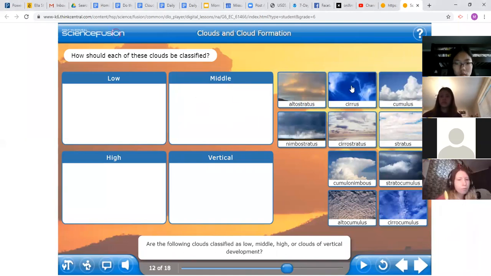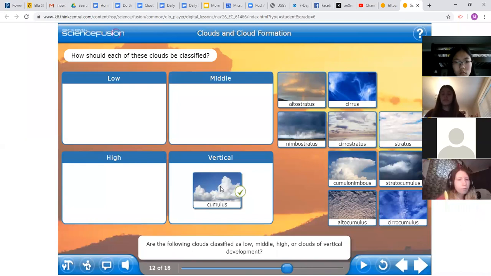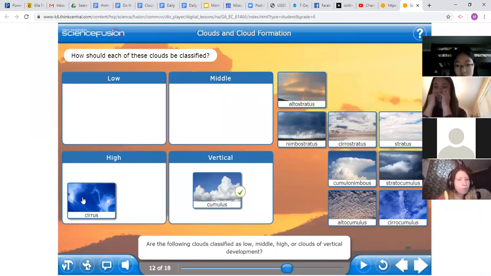Yes, McKinley. Try again, Steve. Low. We'll try low. Uh-oh. Vertical. Okay, so cumulus clouds like to be a little bit tall, so we could add that to our notes. Steve, give this one a try. How about cirrus? High. There we go. So these are our high ice crystal clouds.